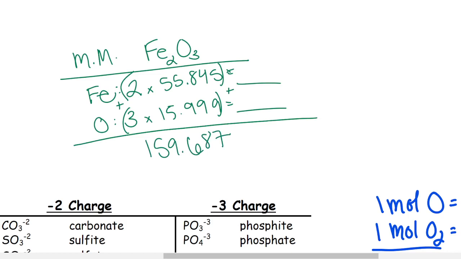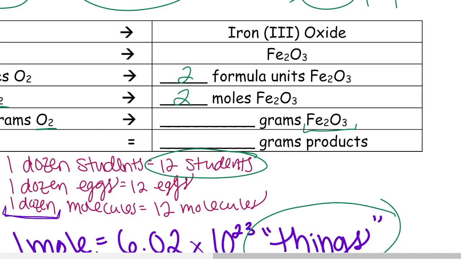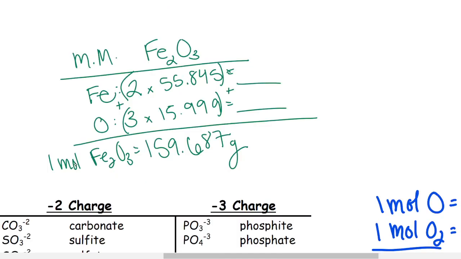Yes, ma'am. Perfect. If I make a mistake, let me know. So this tells me that 1 mole of Fe2O3 is equal to that many grams of Fe2O3. However, I don't have 1 mole, I have 2 moles, so I need to double that number. 2 moles of Fe2O3 would just mean that I'm multiplying this by 2.